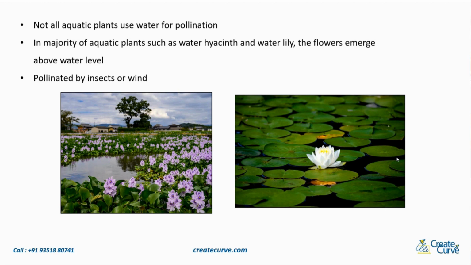So what is actually happening? The flowers here, though they are aquatic, come out of the water, onto the surface of the water, and then they get pollinated. So they can be pollinated by wind or by insects. Here you have to remember these two examples, water hyacinth and water lily. These are examples of aquatic plants which are not pollinated by water.